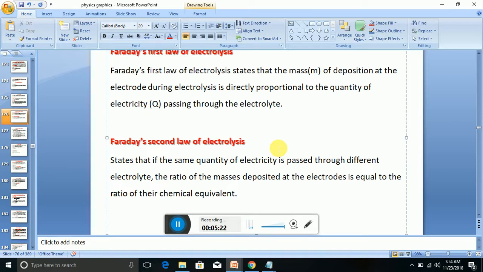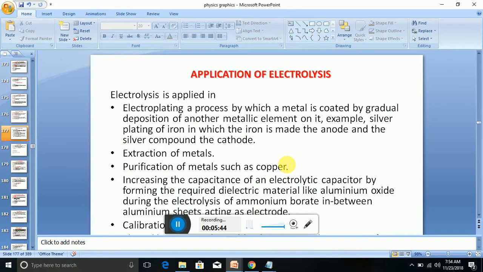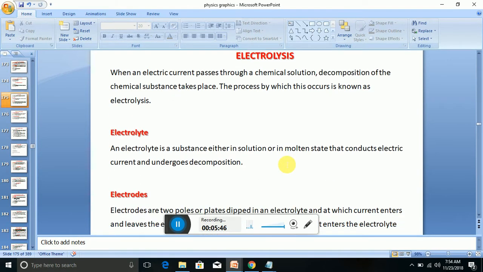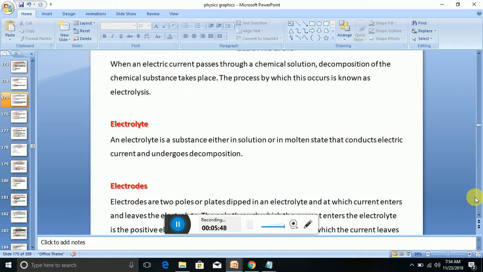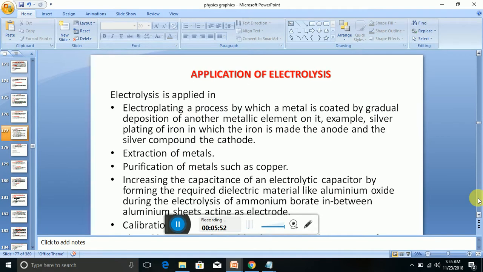Then the second law states that if the same quantity of electricity is passed through different electrolytes, the ratio of the masses deposited at the electrodes is equal, so M1 over M2 is equal to the ratio of their chemical equivalent. So those are the two major laws of electrolysis, which we are going to be taking a critical look at.